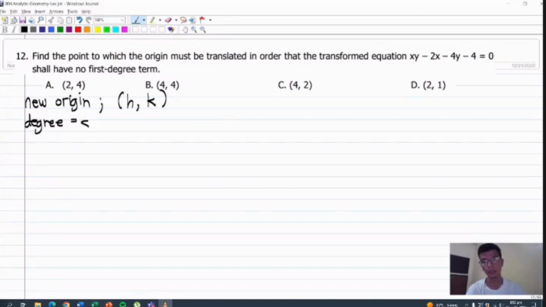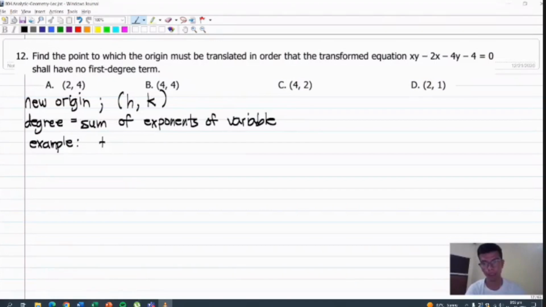Degree is equal to the sum of exponents of the variables. So for example, let's list the terms and their degrees: x, x squared, xy, y. If our term is x, the exponent is 1, so the degree is 1. If our term is x squared, the exponent is 2, so the degree is 2.